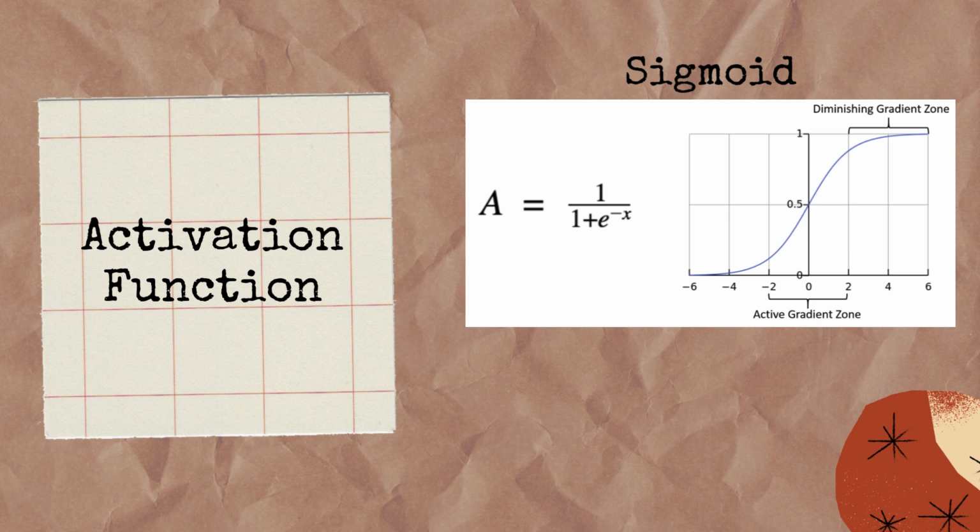So, what is an activation function? Well, there are multiple kinds. This is one example of a popular activation function, the sigmoid squishification function. What this function does is that it gets your value and spits out an output between 0 and 1.